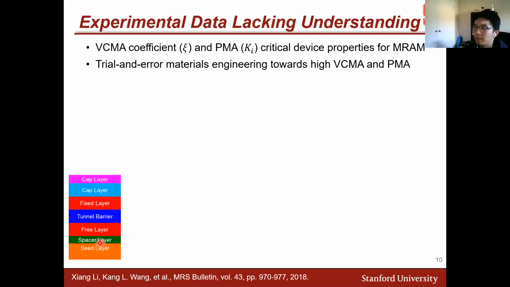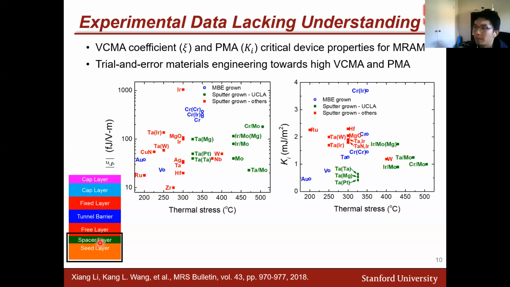And that approach is a very typical research approach. And what people come up with, I summarize from existing literature. So we can see there's a wide range of different data points here. This one is the VCMA coefficient, this one is the PMA. So they are important properties for the MRAM.